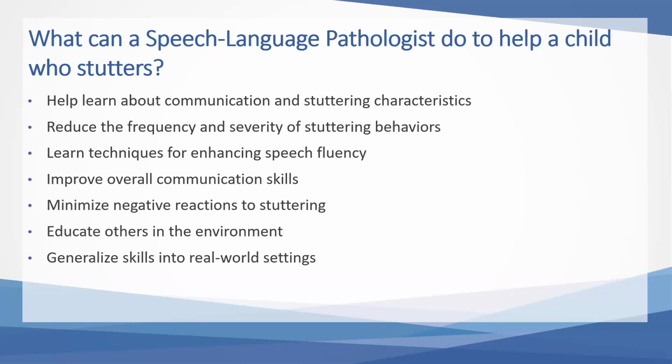We can help students learn techniques for enhancing or modifying their stutter so that it can happen in an easier way and a more controllable way. We also work on improving overall communication skills. We minimize negative reactions to stuttering, educate others in the environment, which is key, and generalize skills into a real-world setting to make things the most functional we can for our clients and students.